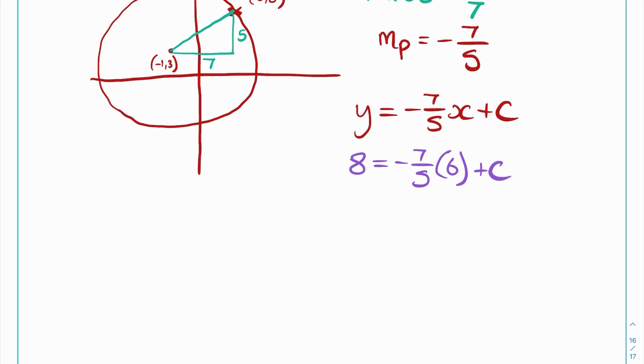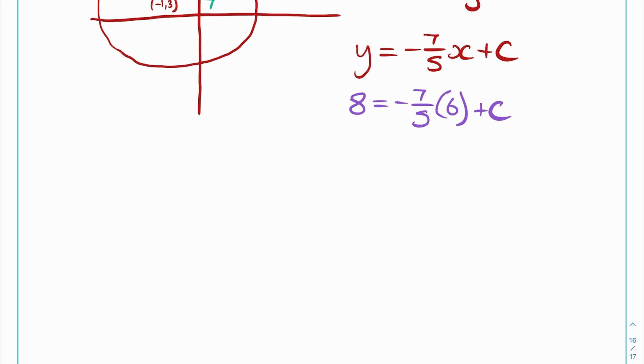I'm going to type that into the calculator. So -7 over 5 multiplied by 6 gives me -42 over 5. So we get 8 equals -42 over 5 plus c. And again, solving that for c, we want to add 42 over 5 to both sides.